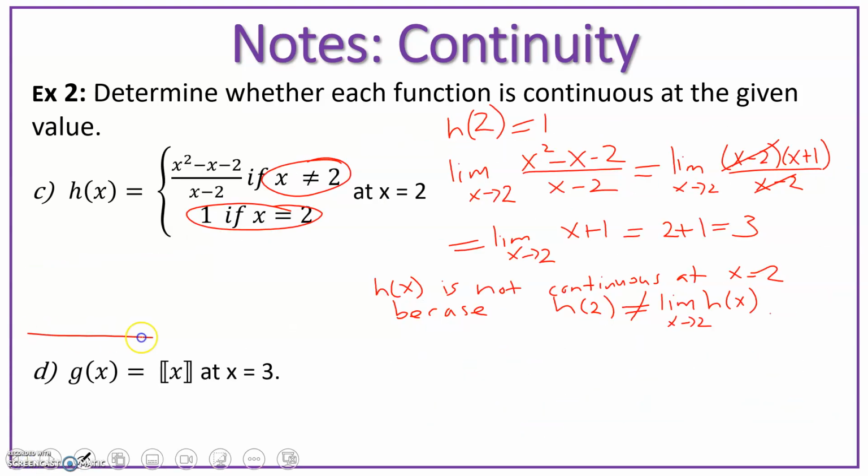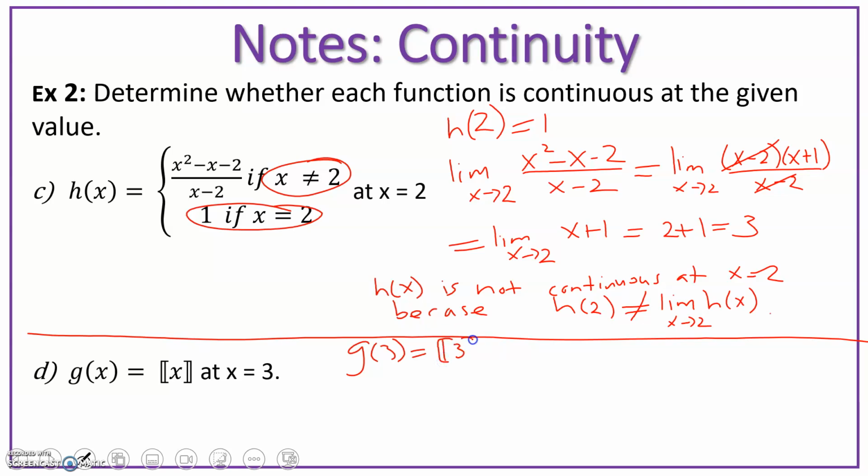All right, let's look here at D. First off, g of 3, remember our greatest integer function gives the greatest integer that's less than or equal to that, so 3 will come out 3. Now if we check the limit, we remember from before that from the left of 3, it will come out 2.